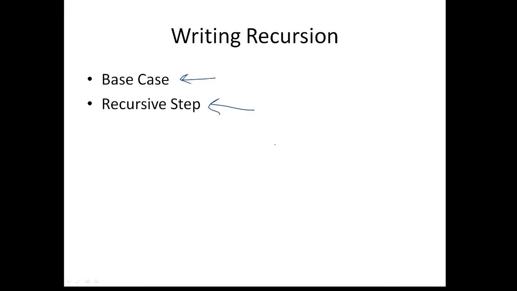The recursive step I want you to think about as, if I have a particular problem, how do I break it down into that same problem, just a little bit smaller? So if you have something that is very hard, how do we make it the same problem but slightly less hard?